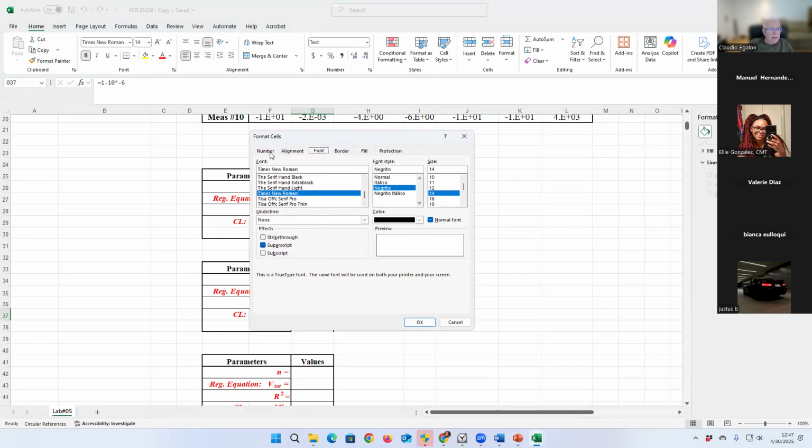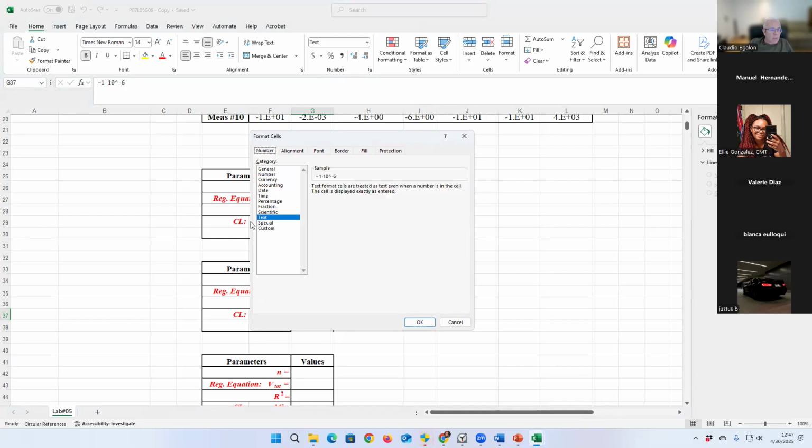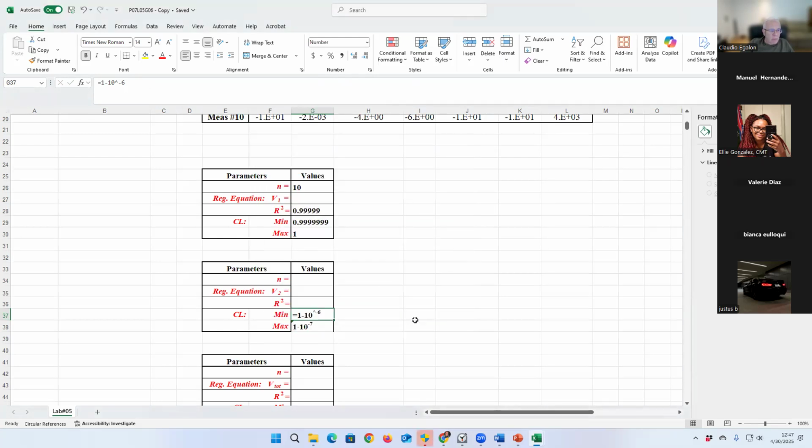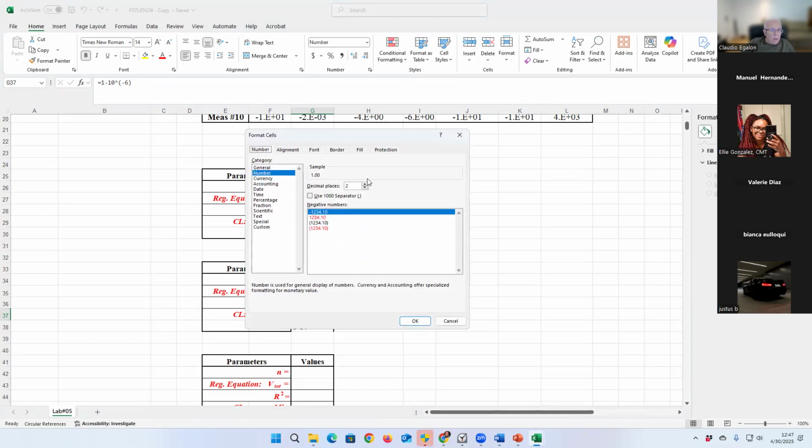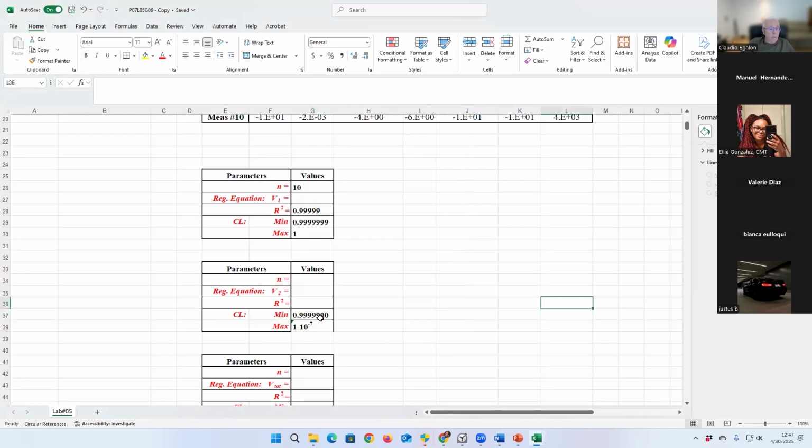Right now it is formatted as text. You should see here, formatted as text, you gotta put it in number. And now you still didn't get it, why is that? Do I have to put a parenthesis here? Let's see. Okay, yeah, now we got it. And here you go. So that's what you have to do.